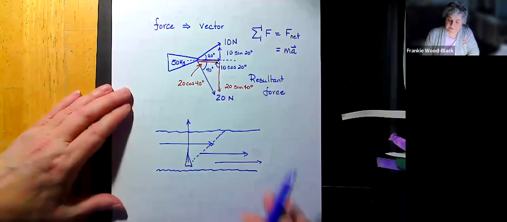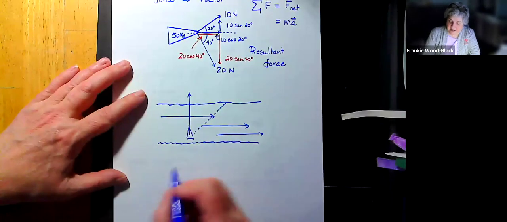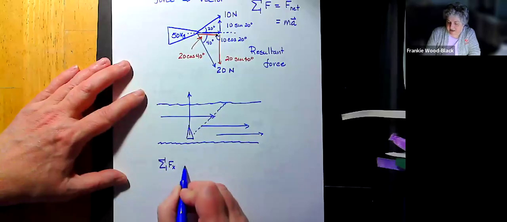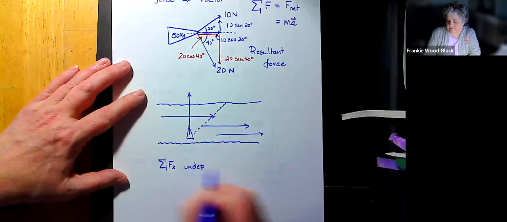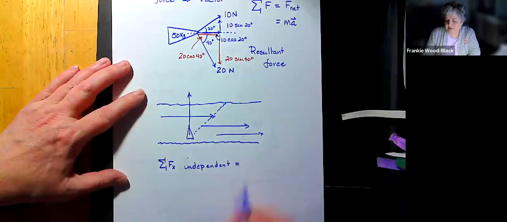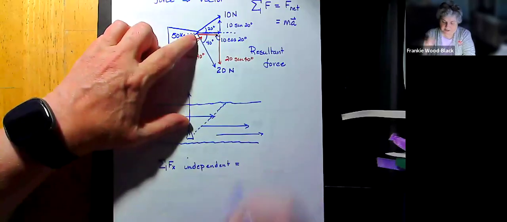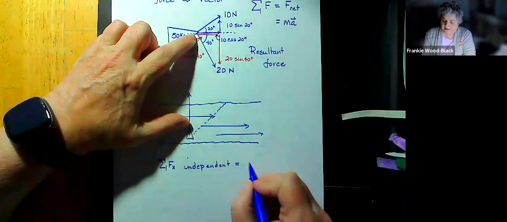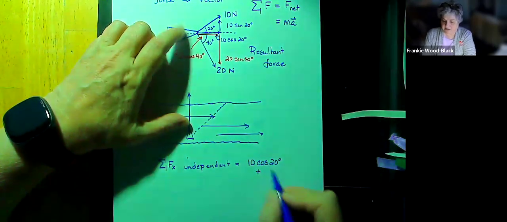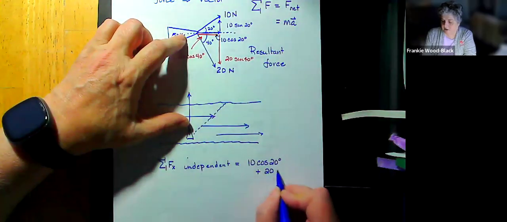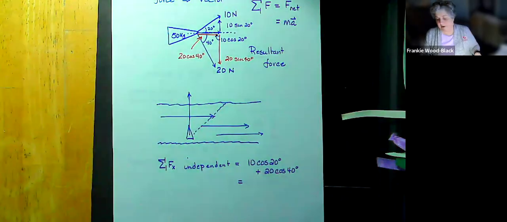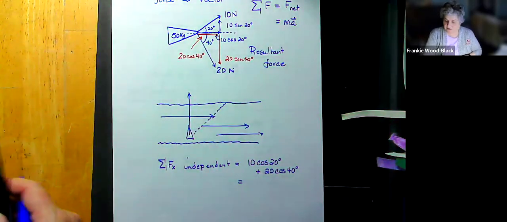Okay. So if I come over here, I've got the sum of the forces in the x direction, because they're independent. So we know that my x direction is going to be 10 cosine 20 degrees plus 20 cosine 40 degrees, which gives me the x component of my resultant force.